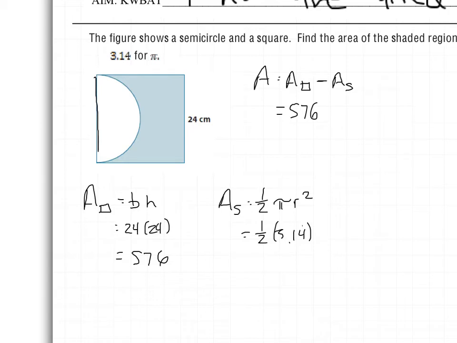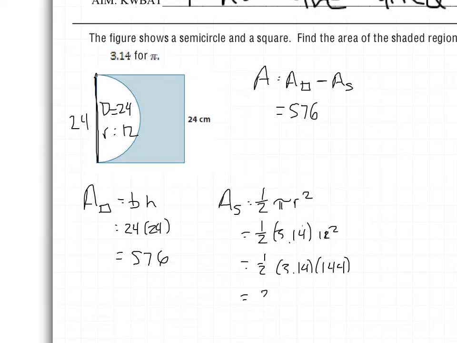The entire side here would be 24, so my diameter is equal to 24 and my radius is equal to 12. So this is going to be half of 3.14 times 144, which would be equal to 226.08.